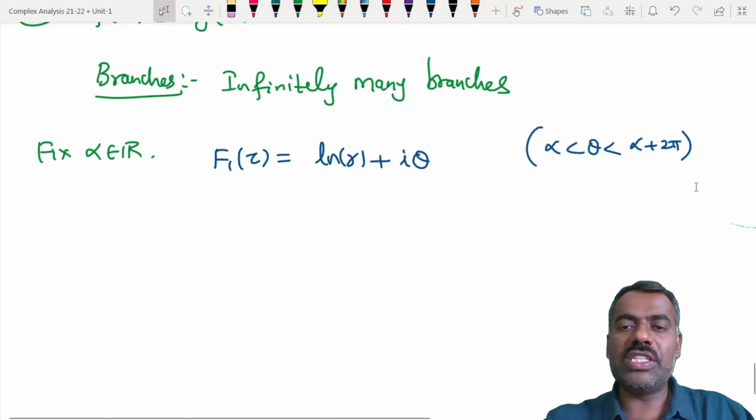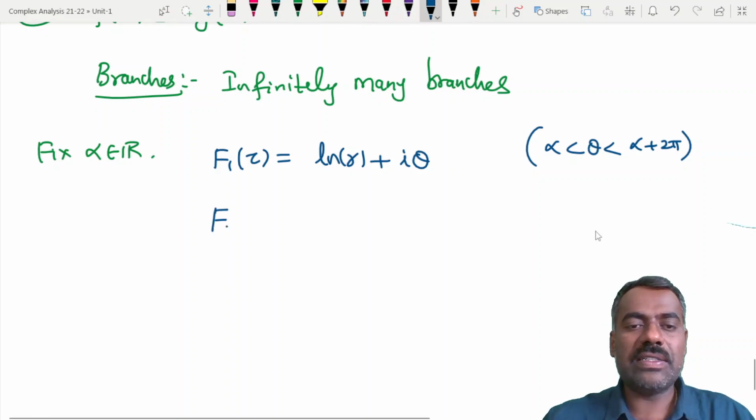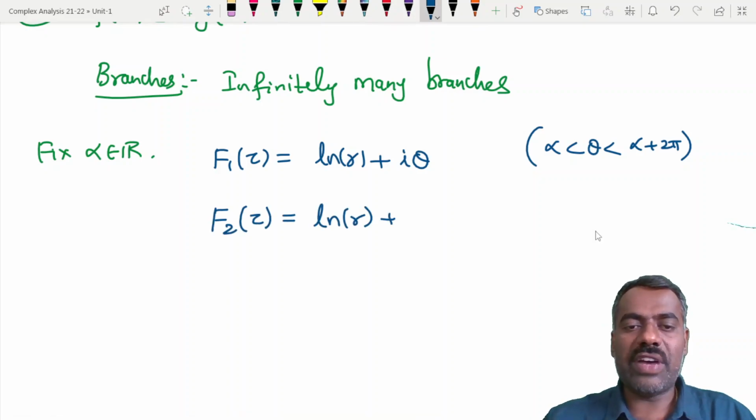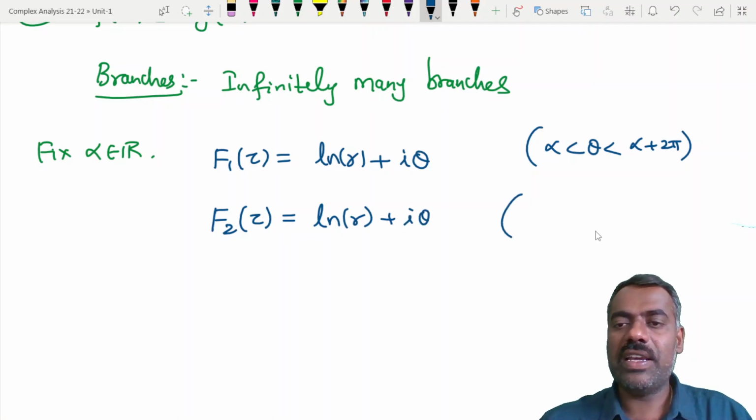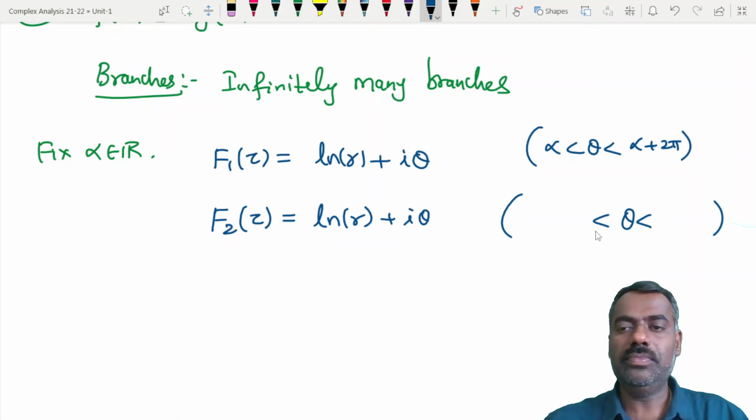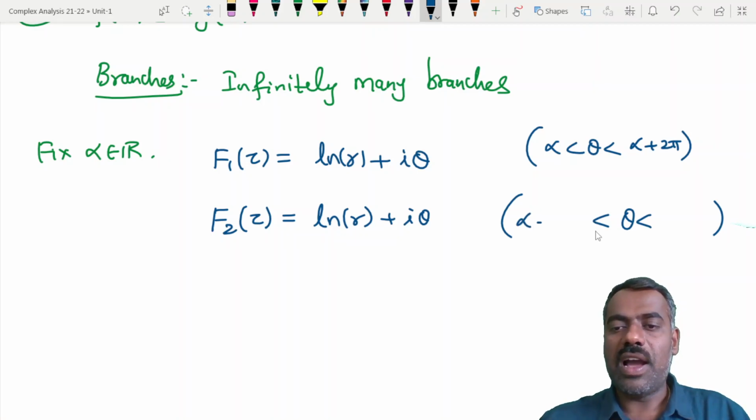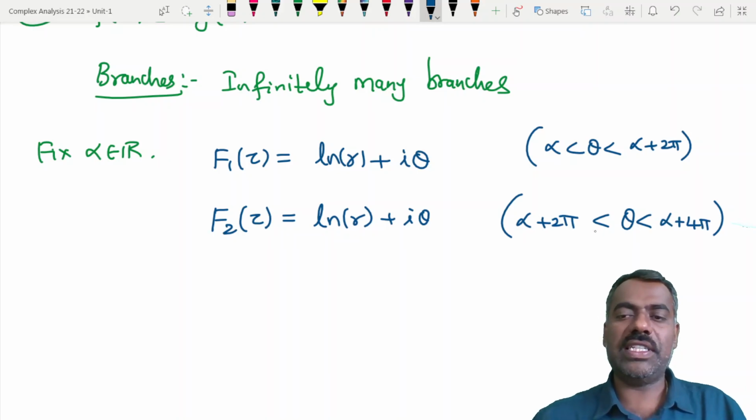See, the moment you reach 2 pi, you will get a different value, right? So what should be our second branch? For example, natural logarithm of r plus i theta, where your theta is from where to where? Can somebody tell? Alpha plus 2 pi to alpha plus 4 pi, one complete rotation. Yes or no?